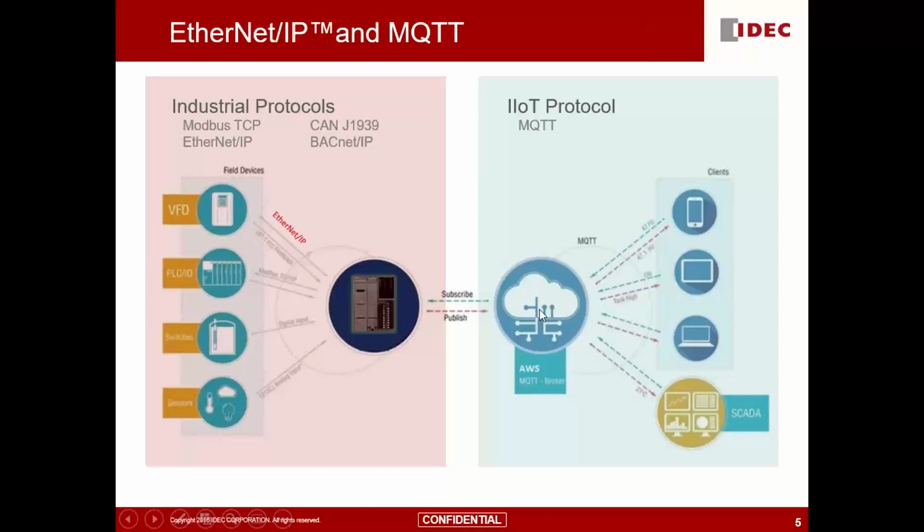It actually accesses the database. So basically, the cloud database is the middleman that's converting and sending information. There's more security because you're not accessing the PLC. Okay, so that's just to give you a quick overview of EtherNet/IP and MQTT, and how it's being used.